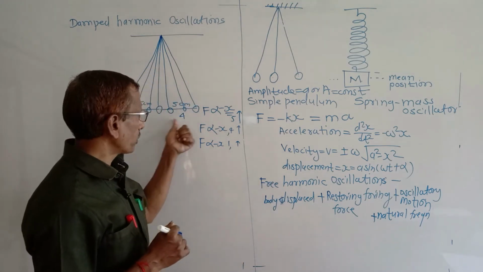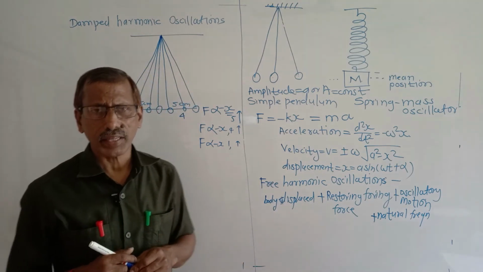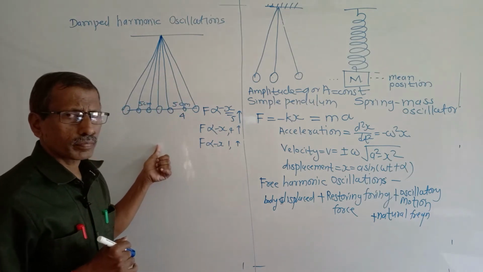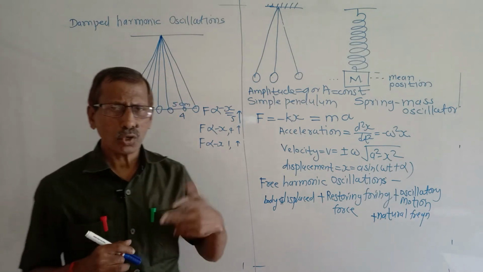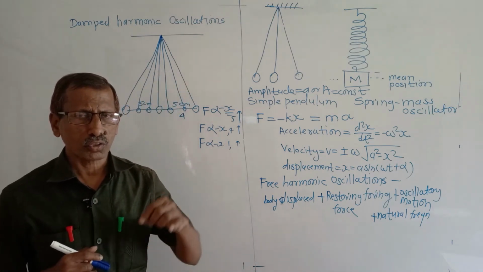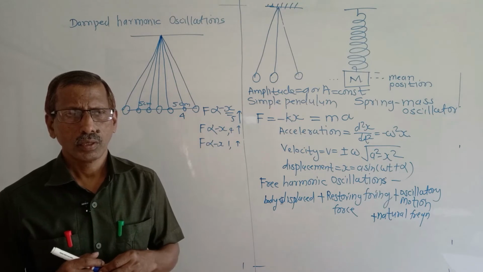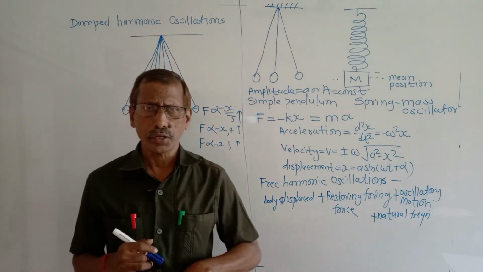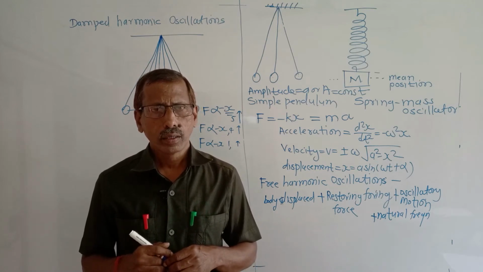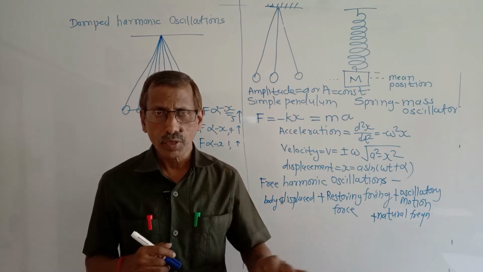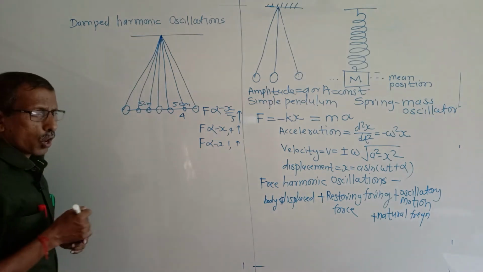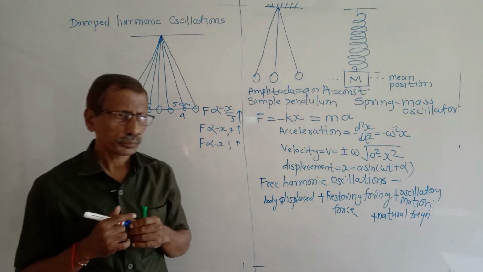Such a force acting on the oscillatory motion of the body makes the amplitude of oscillation go on decreasing, and it finally stops the oscillations. Due to the dissipation of energy, such a type of motion is called damped harmonic oscillations. What is it called? Damped harmonic oscillations.